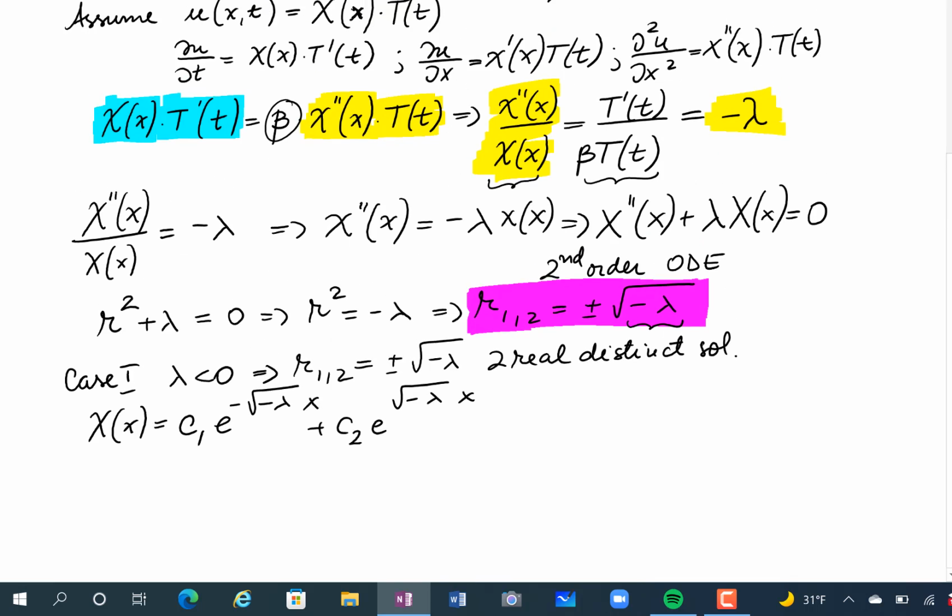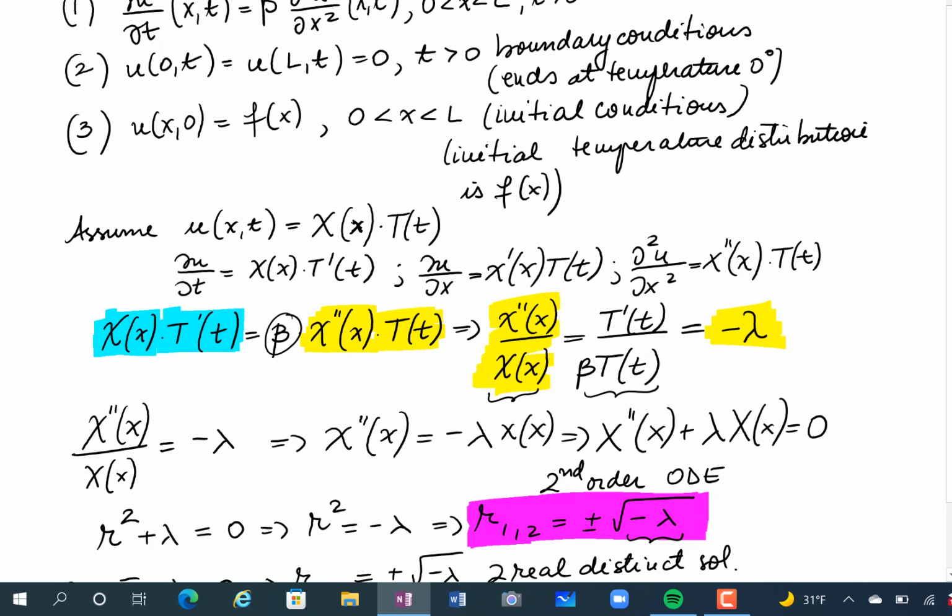But we also have some boundary conditions. So if I go back here, these are going to give us conditions. Like what? Well, let me write them in red. So the conditions are going to be X(0) times T(t) equals X(L) times T(t) equals 0.